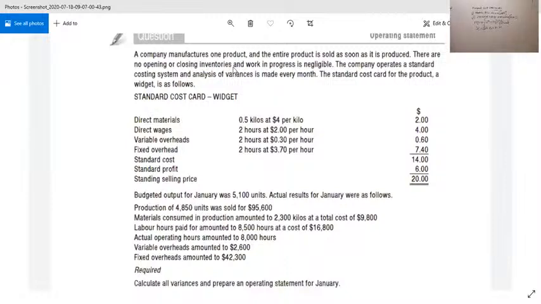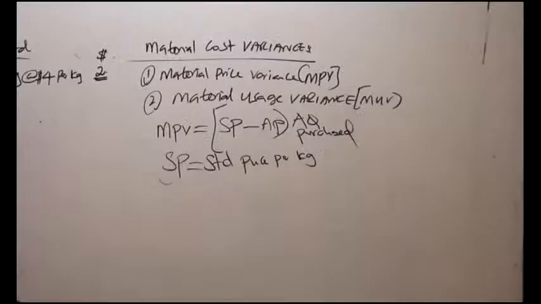From the pinned question, the standard cost card is giving us direct materials, 0.5 kilograms at $4 per kilogram, and then right away here, $2. Now, ladies and gentlemen, please check out this with me. If you can see my board very well, we have direct materials.